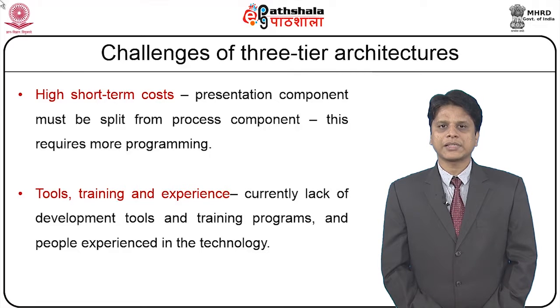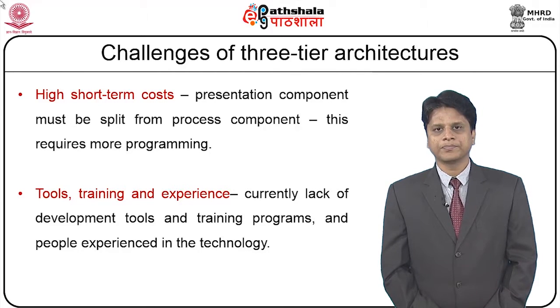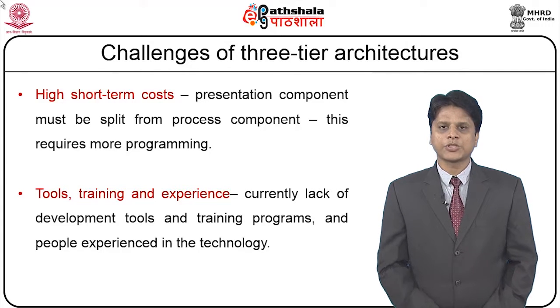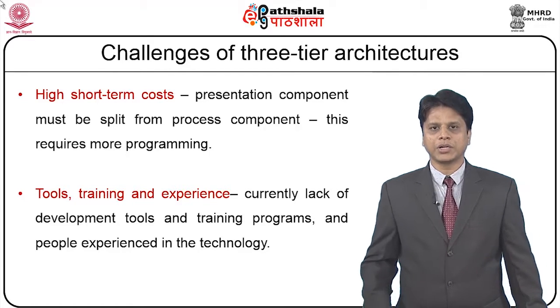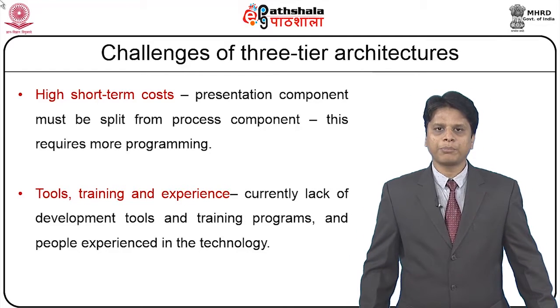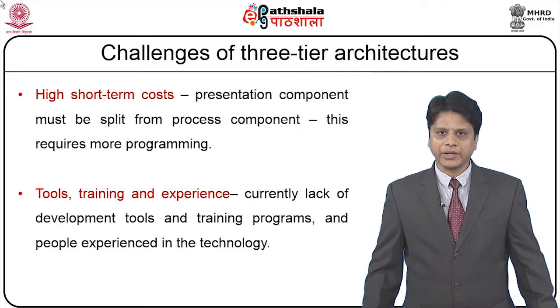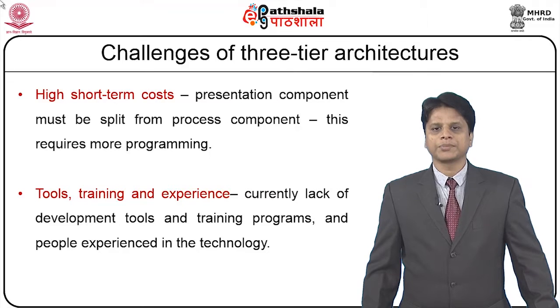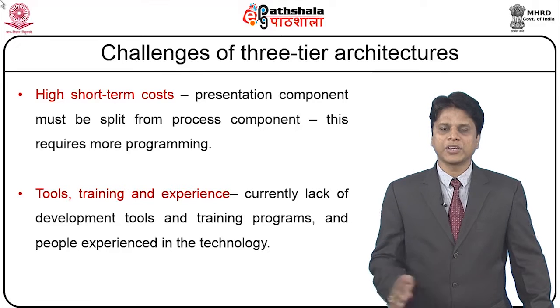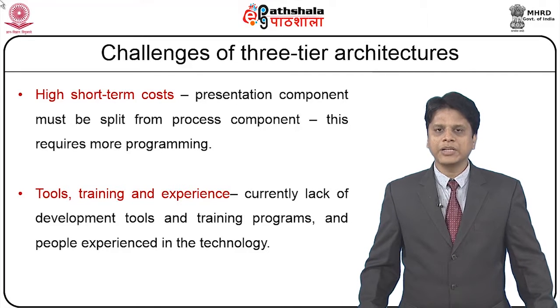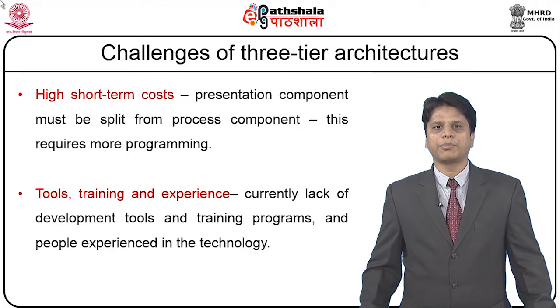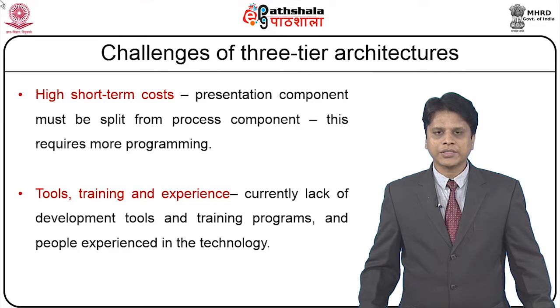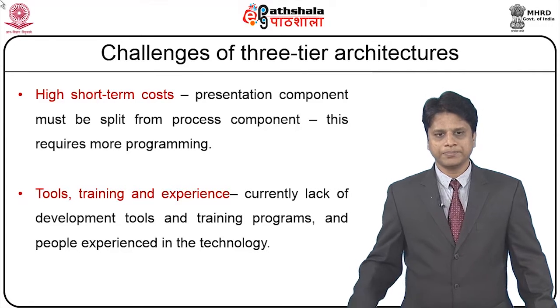Then the system becomes generic at the client's level, whereas if the same has to be stored as an application server, then the processing will be taken care of by the application server, and then it cannot be generic. I can do my specific applications also. So because the presentation component is split from the processing component, the client handles only the presentation component and the application server handles the processing component, thereby reducing the cost to a major extent in the long term.